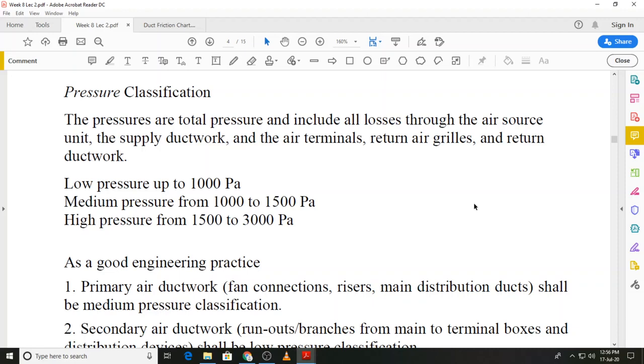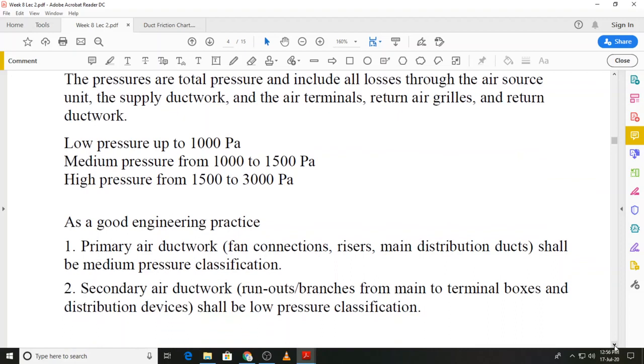The medium pressure systems range from 1000 to 1500 pascals, and high pressure from 1500 to 3000 pascals.